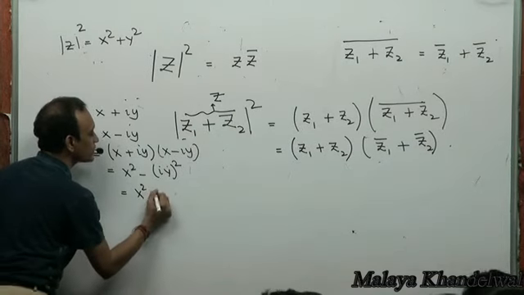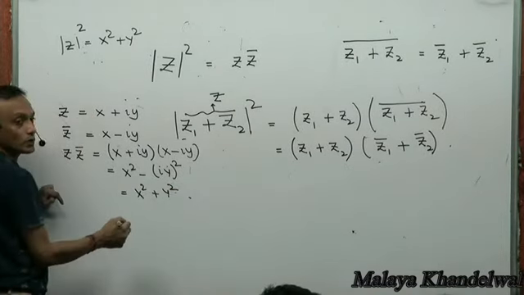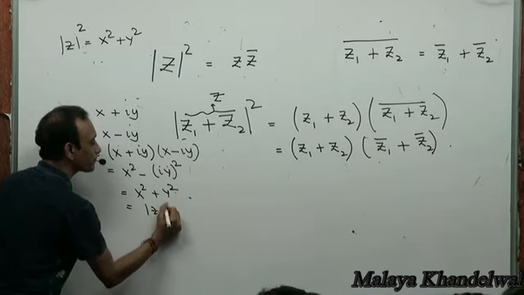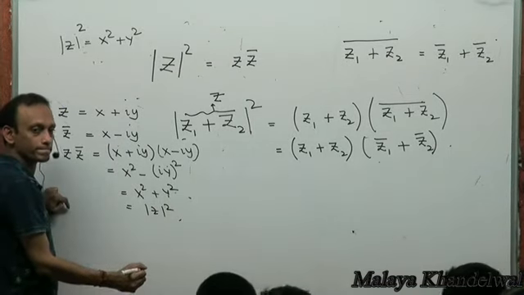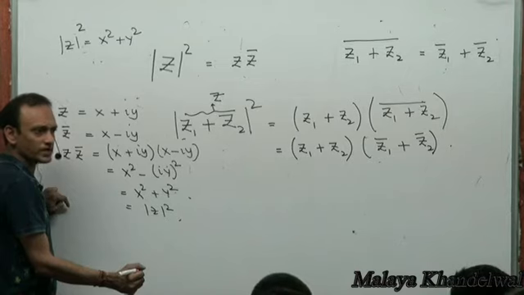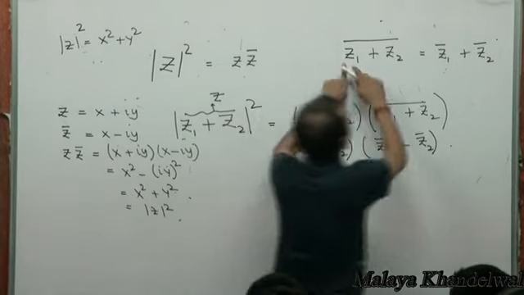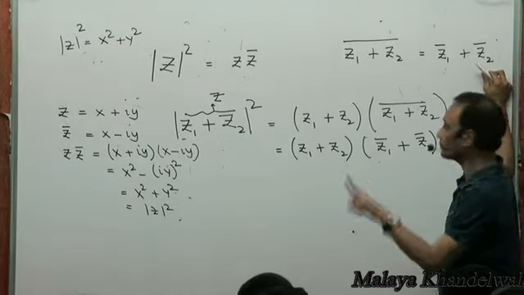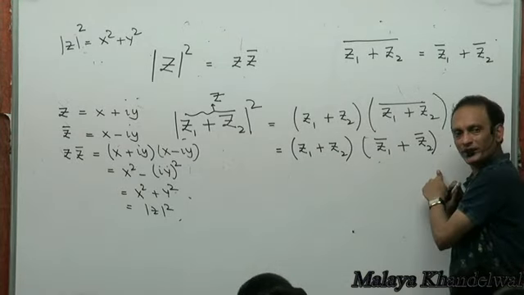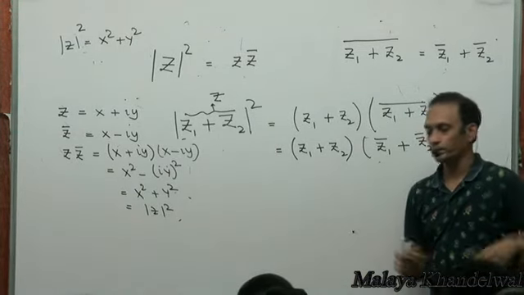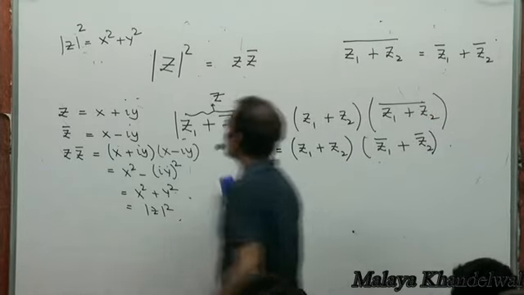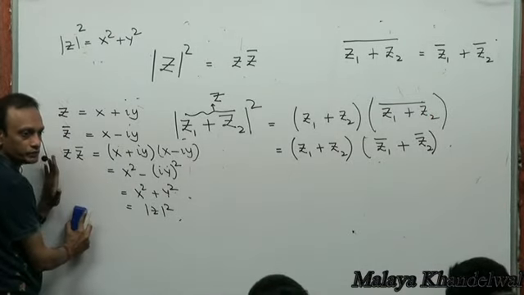So this is x squared plus y squared, which is mod z squared. Did I establish this property yesterday? Right? Okay. Do you understand this also a little while ago? So now you understand this formation? Very good. Okay. Can I just remove this? Create some room here?